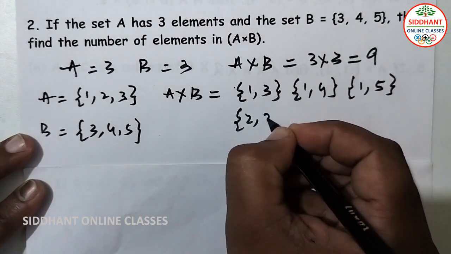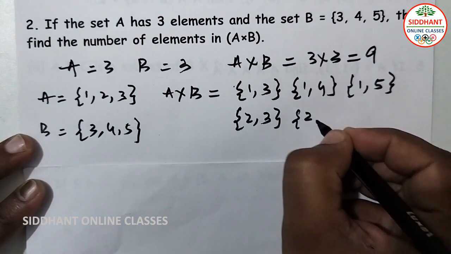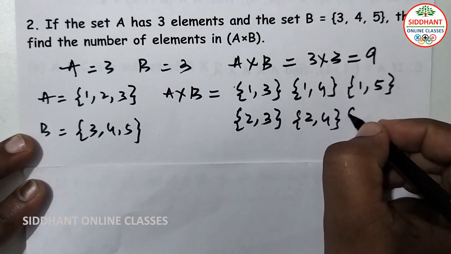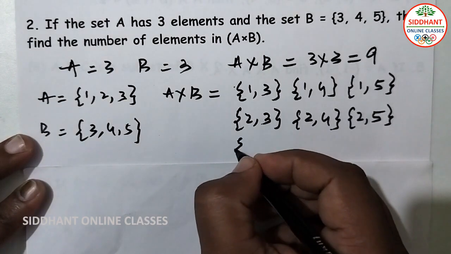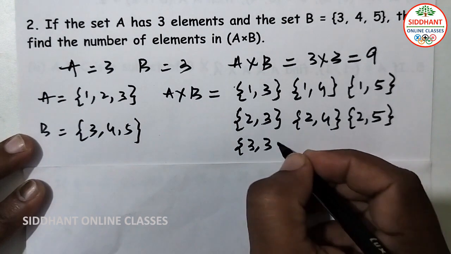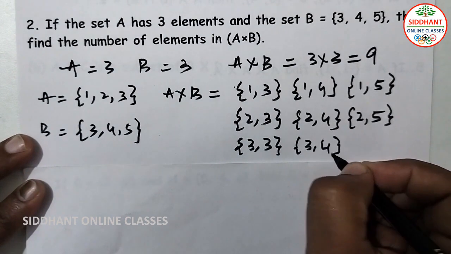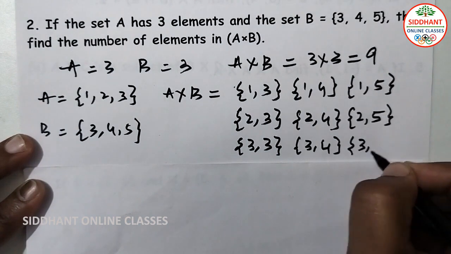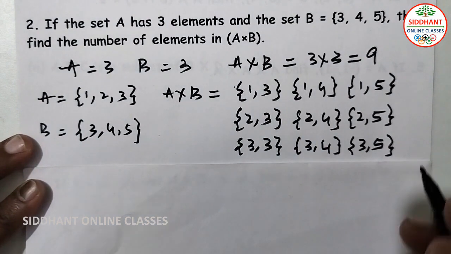Similarly (2, 3), (2, 4), (2, 5). Similarly (3, 3), (3, 4), (3, 5). So total 9 elements.